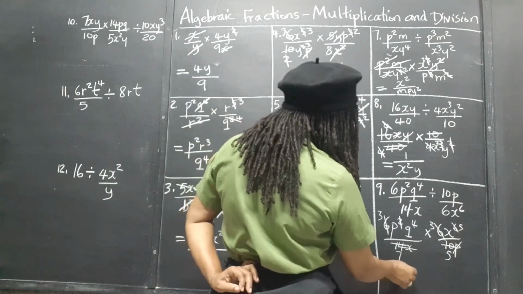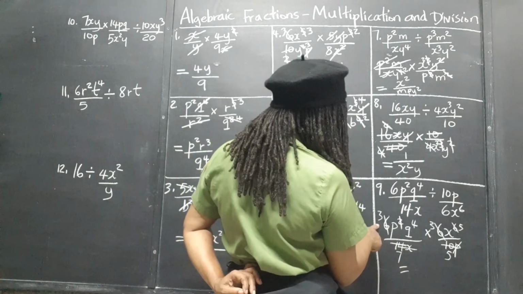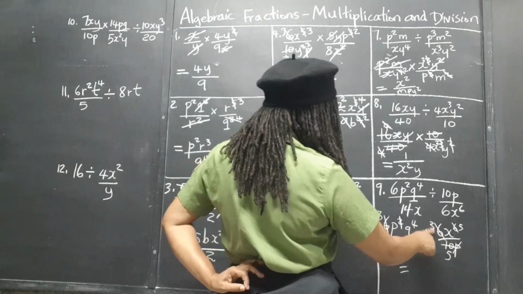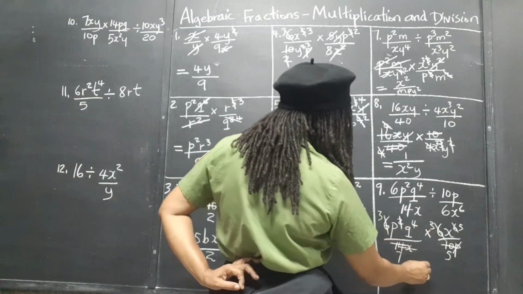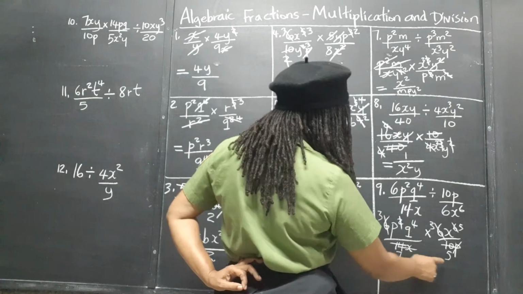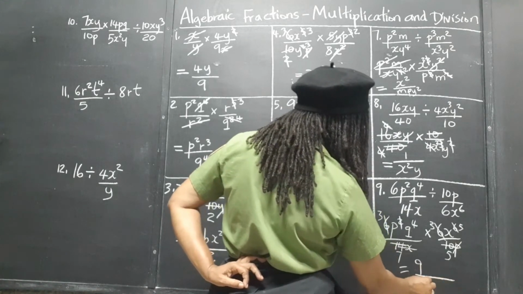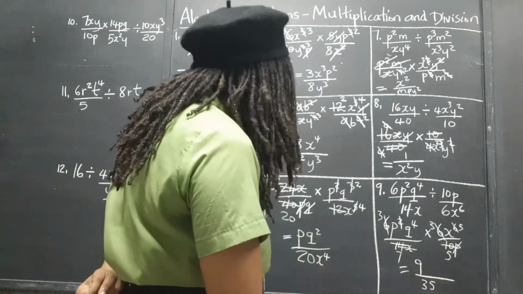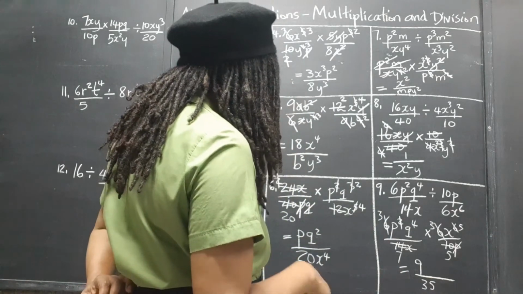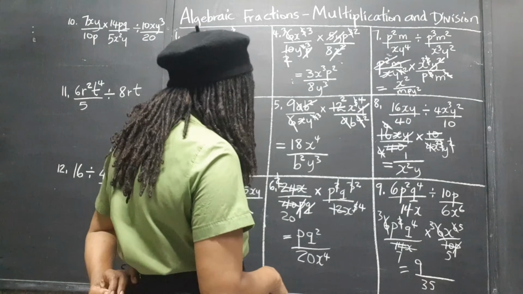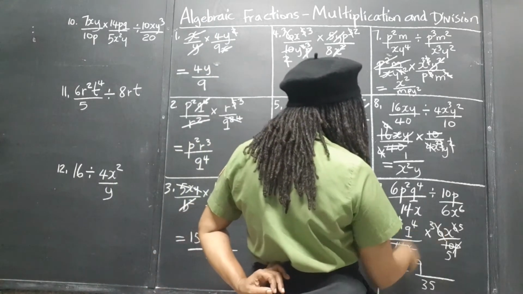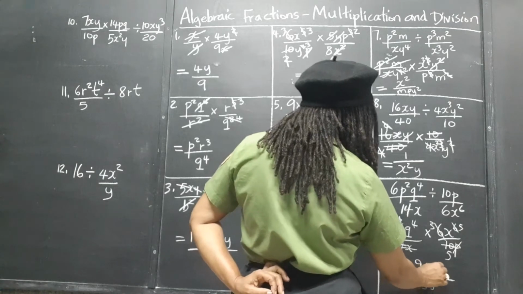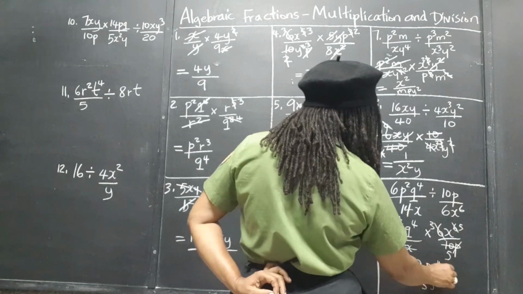So in the numerator, we have 3 times 3 for the coefficients, right? 3 times 3, that's 9. 7 times 5, that's 35, on the bottom there. And we don't have any variables left in the denominator. We have some variables left in the numerator. So we have p, q to the 4th, and x to the 5th.